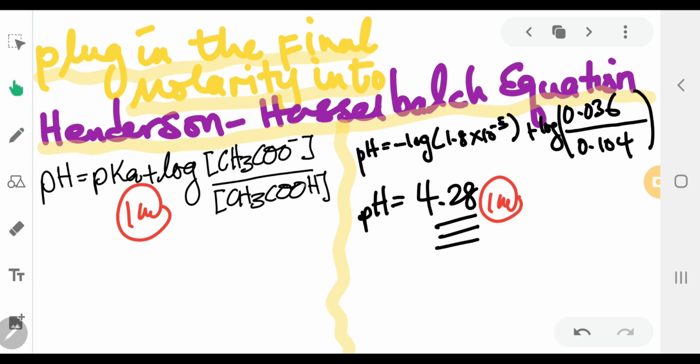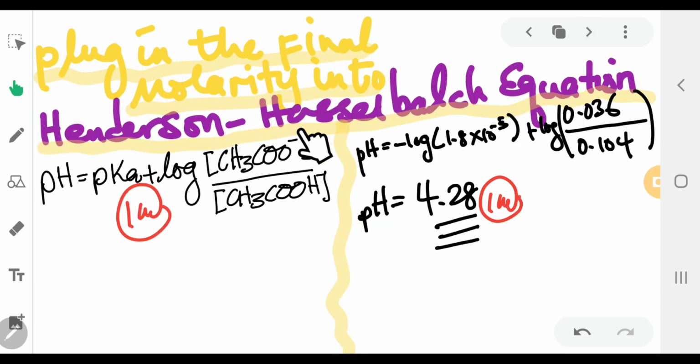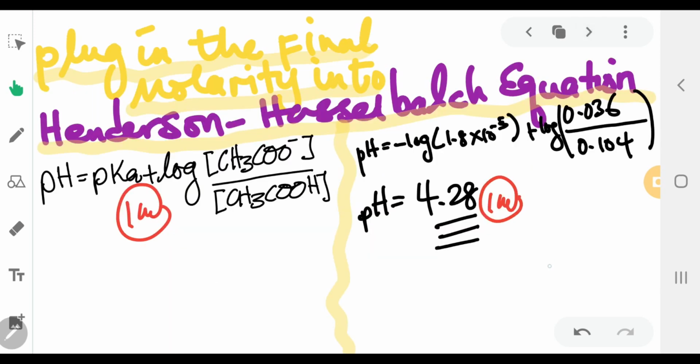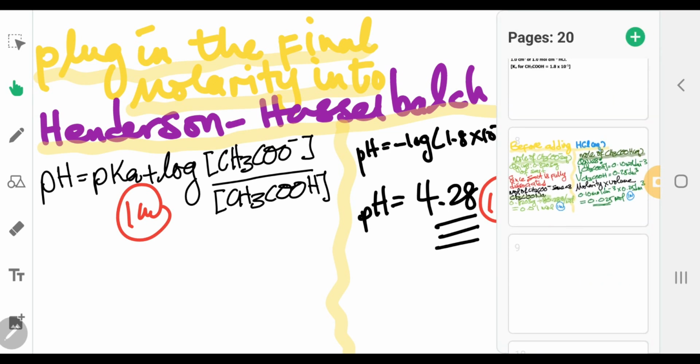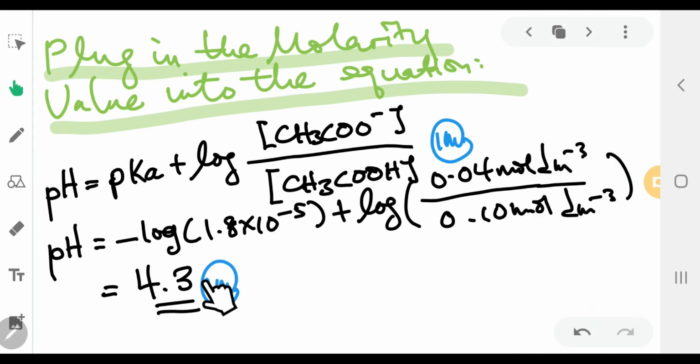Okay, so remember, this is the final concentration. You get here 0.036, and the concentration for this at final is 0.104, and you get this 4.28. So when you compare with the pH of the buffer, it's only a very small change.